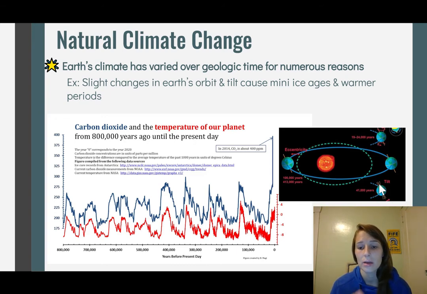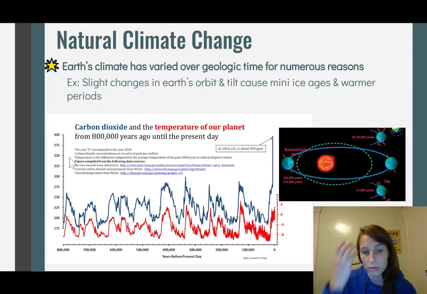We're talking tens of thousands of years. So the tilt might be enough every 41,000 years to be changed. Or over 100,000 to 400,000 years is when we're going to get the slight shift in Earth's orbit that's going to cause it to have warmer periods.